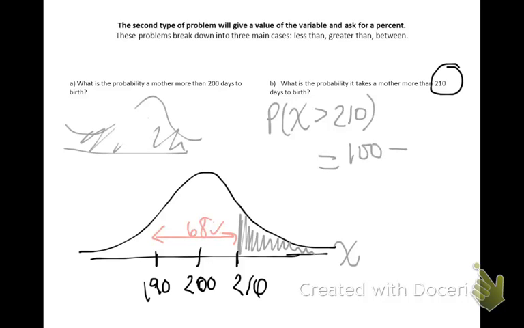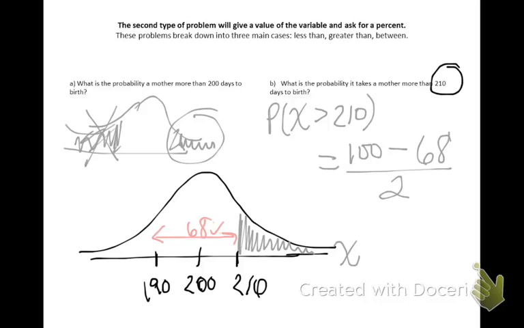You know about that central 68%. So what you have left over when you subtract it out is the lower half and the upper half. Now you know that this distribution is symmetric. So if you want only the upper half, divide by 2. Cut this number in half. That gets rid of the lower end and keeps the upper end, which is what you were looking for.